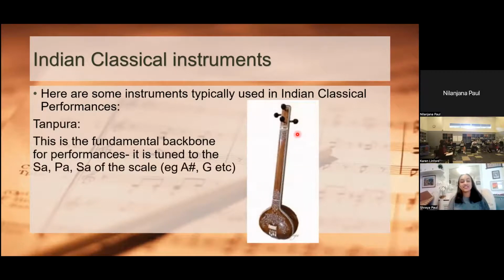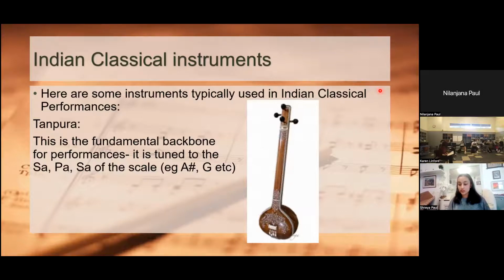This is a tanpura. This is one of the most important instruments because it provides the drone. It contains three to four strings, and it plays only three notes: sa, pa, and sa. So the lowest note, the two tonics and the middle note.